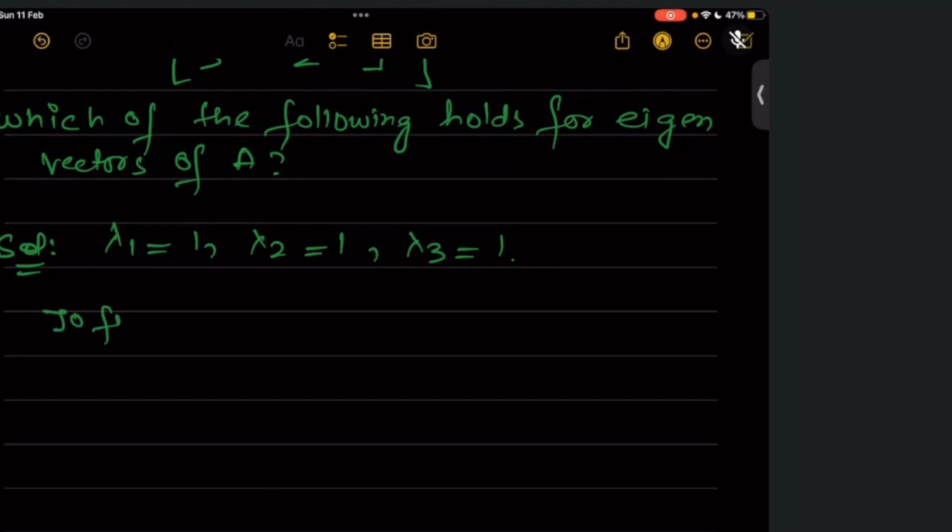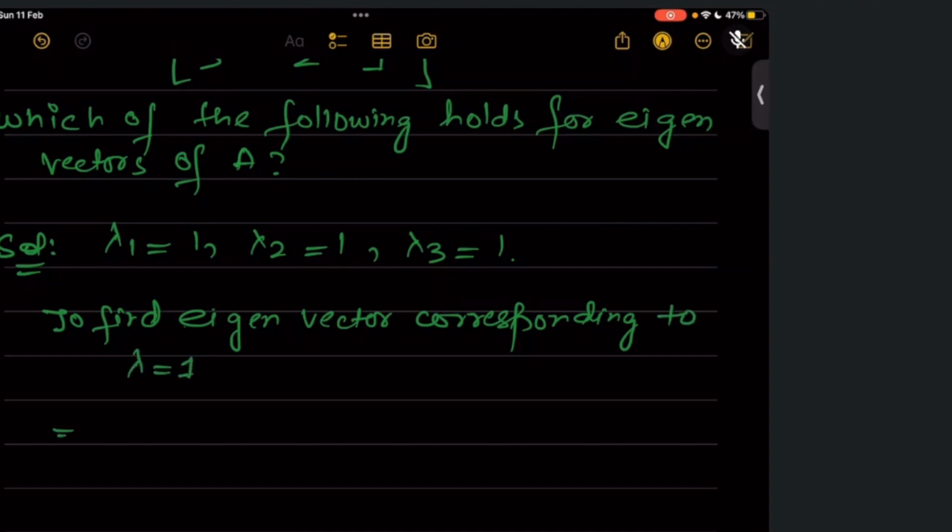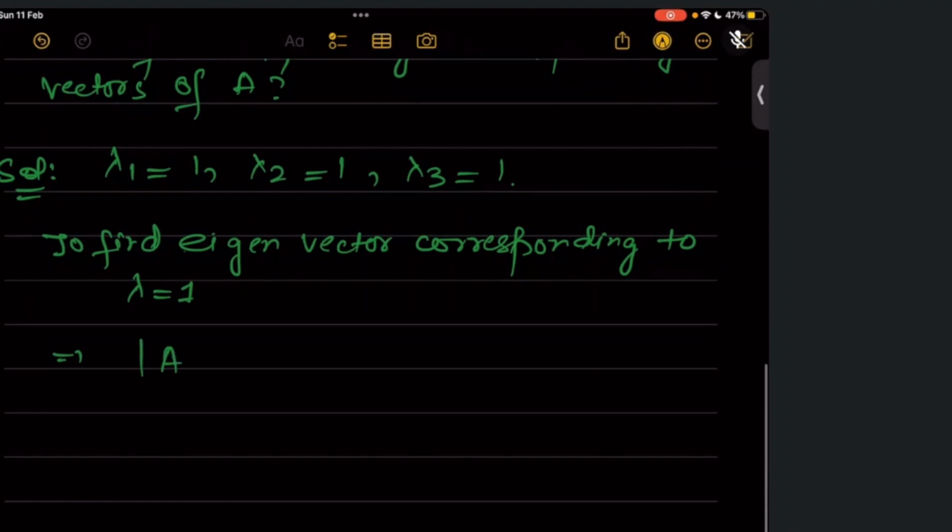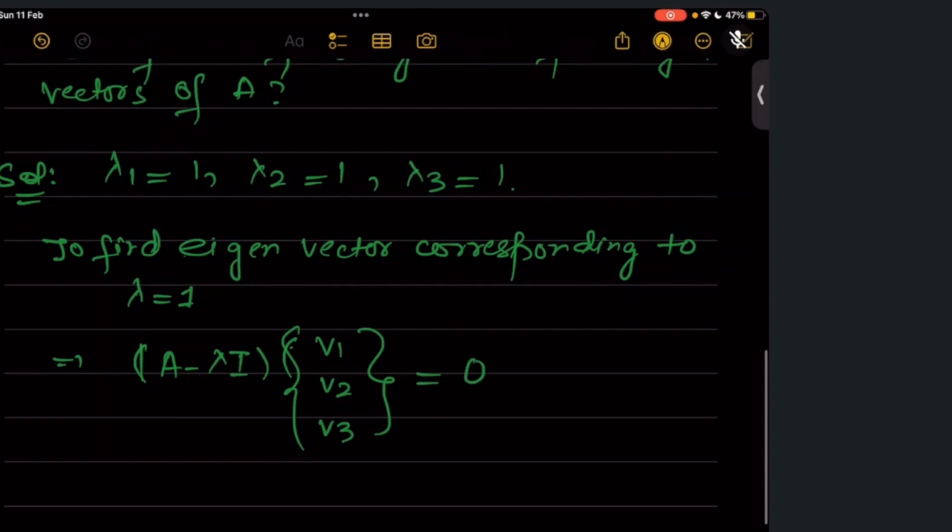So, to find the eigenvector corresponding to lambda equal to 1, what we will do is take A minus lambda I, multiply it with a vector like the eigenvector which you are calculating, and equate it to 0.